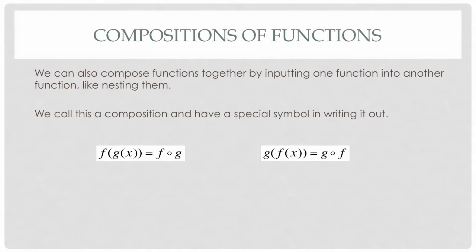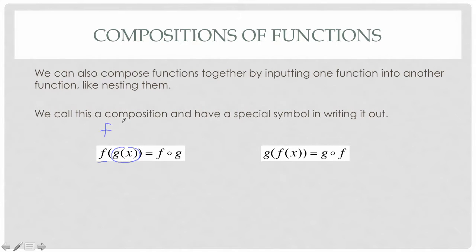So remember, a function, we take something, we input it into a function. Typically, we put an input value for x, we calculate it out, and we get an output value for y. Well, with compositions of functions, I'm not inputting a number for x, I'm inputting a whole function into a function and seeing what my result is. So here's what this looks like. When you see function f right here, but there's function g inside of function f.